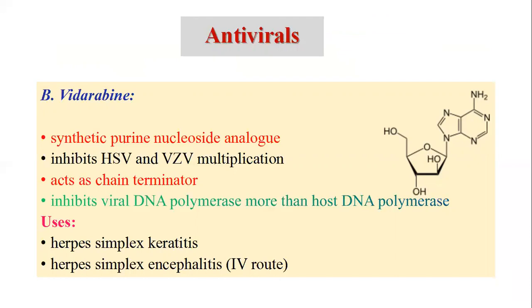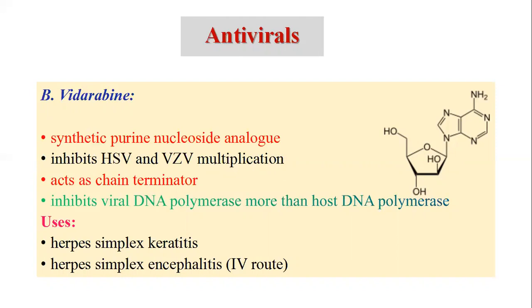The second one is vidarabine. This is also a synthetic purine nucleoside analog. This particular molecule inhibits herpes simplex virus and varicella zoster virus multiplication. They also act like the previous one, as a chain terminator, inhibiting chain elongation, and inhibit the viral DNA polymerase more than the host DNA polymerase.